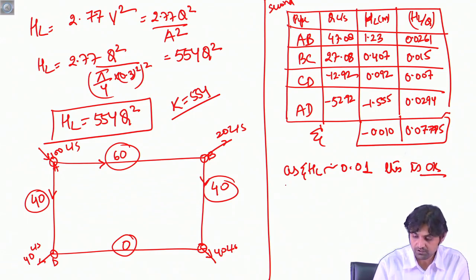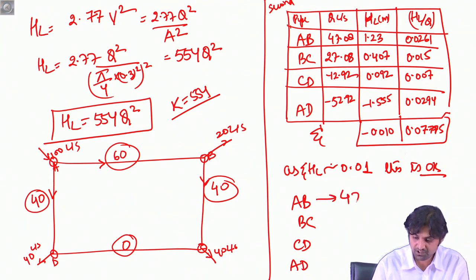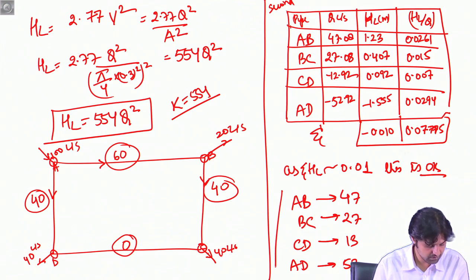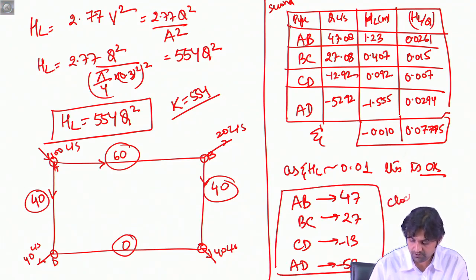Therefore, these will be the final discharges in the pipes AB, BC, CD and AD. So, AB is going to be 47 approximately, 27, this is 13 and this is 53. Of course, this is with minus sign and this is also with minus sign, considering clockwise as positive.